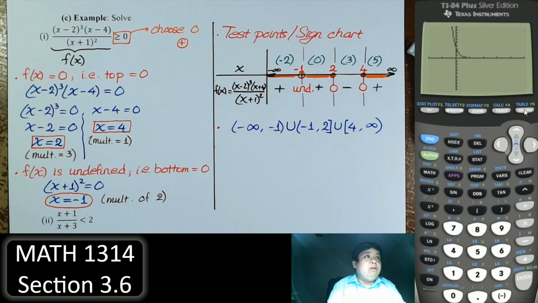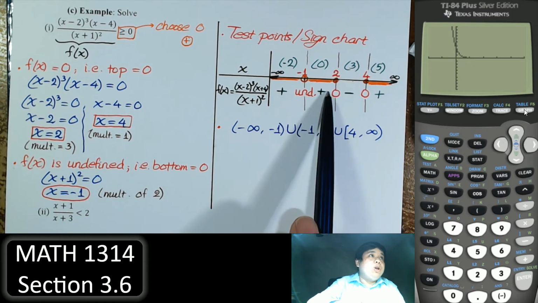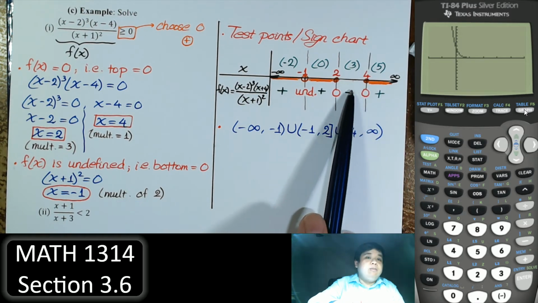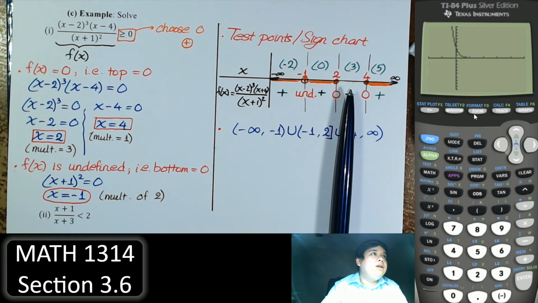So it's positive from -1 to 2, and then it's positive after that. Make the y values a lot bigger. Yeah, this is much better.